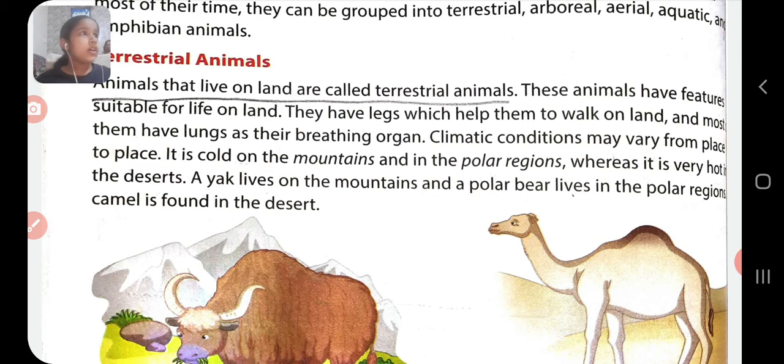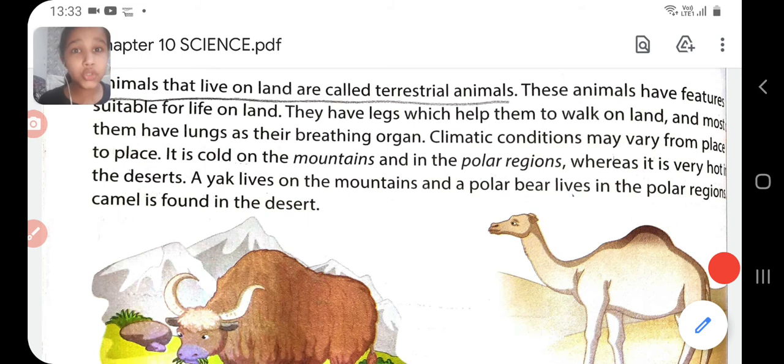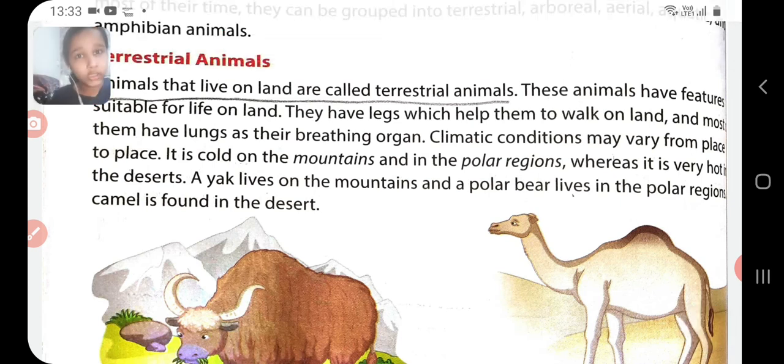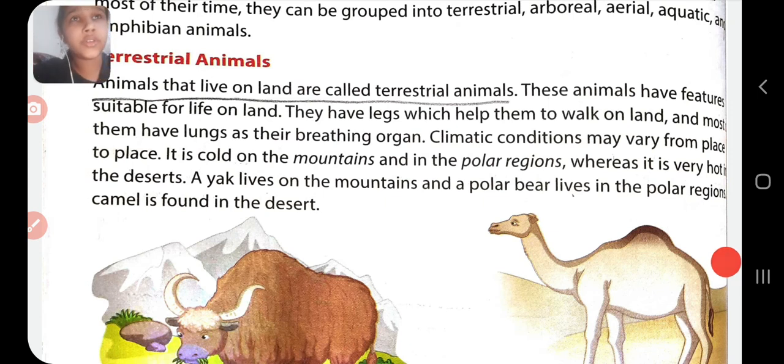If you live for 3-4 years in Shimla, and then suddenly you go to a desert, or in Rajasthan, you will find difficulties to survive there, because you don't have a habit of living in such a hot place, and you will face many problems, such as fever and all.